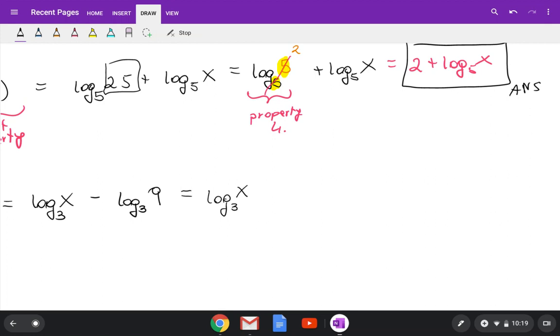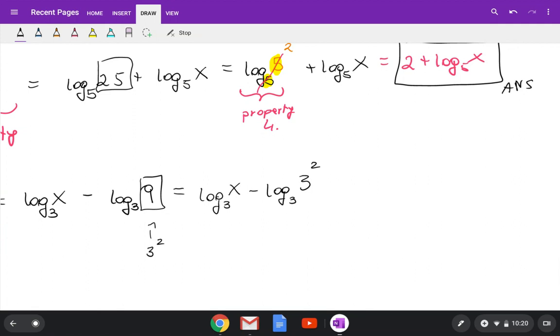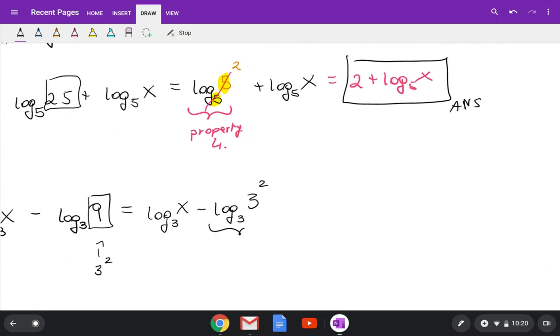Now here you have base 3 and you have 9. So 9 you're going to rewrite as 3 to a second power. So this is minus log base 3 of 3 to a second power. Okay, nice. Because now you can use property 4 like before.